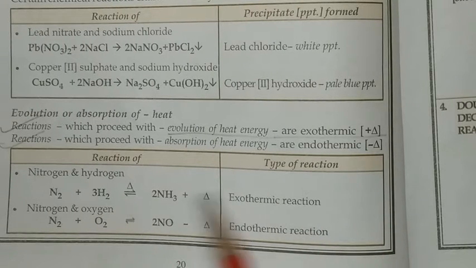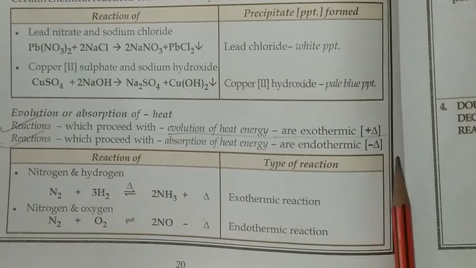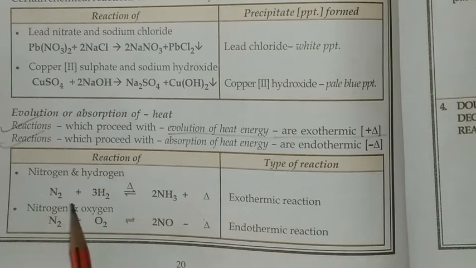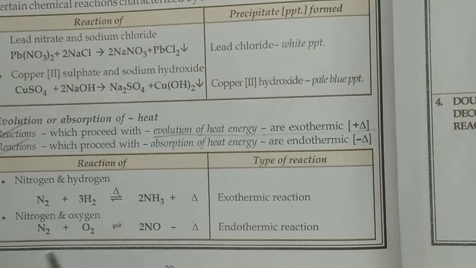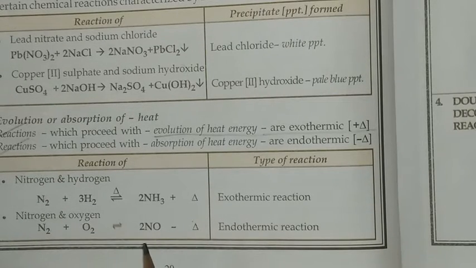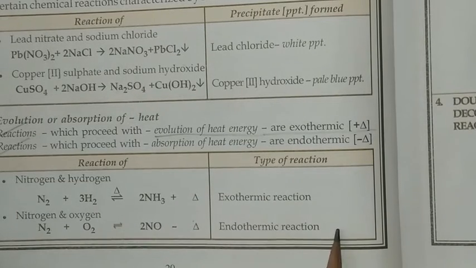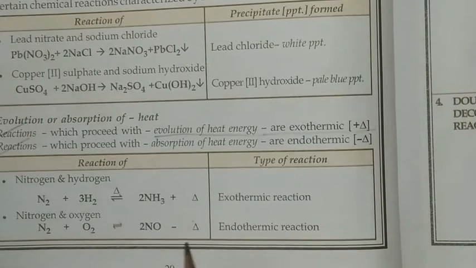If absorption of heat energy occurs in the reaction, that means it is an endothermic reaction and it is shown by minus delta sign in the reaction. Examples are nitrogen and oxygen. When nitrogen and oxygen react with each other, it gives two molecules of nitrogen monoxide. It's an endothermic reaction, hence minus delta sign is put in the reaction.